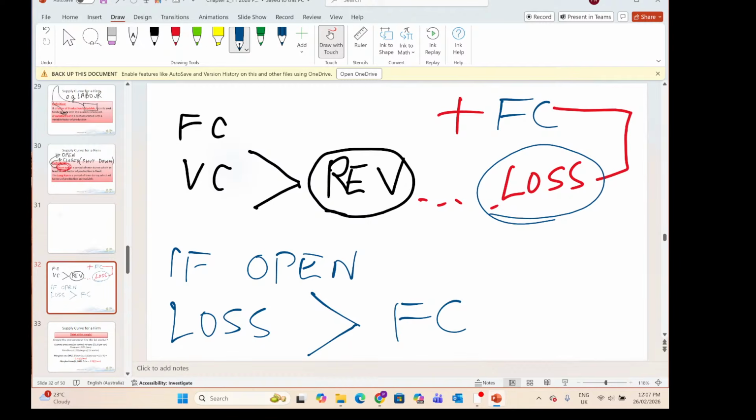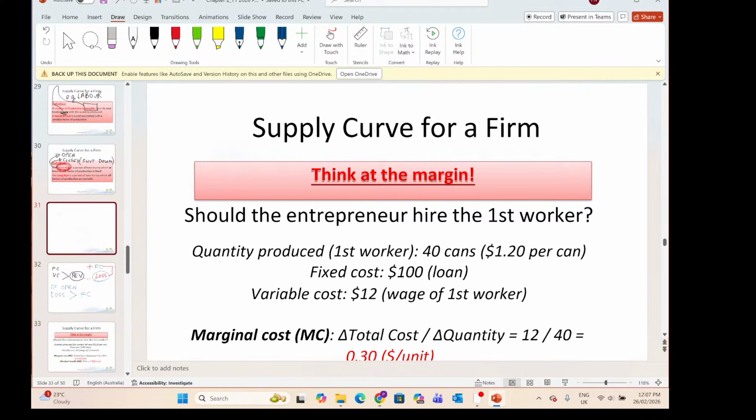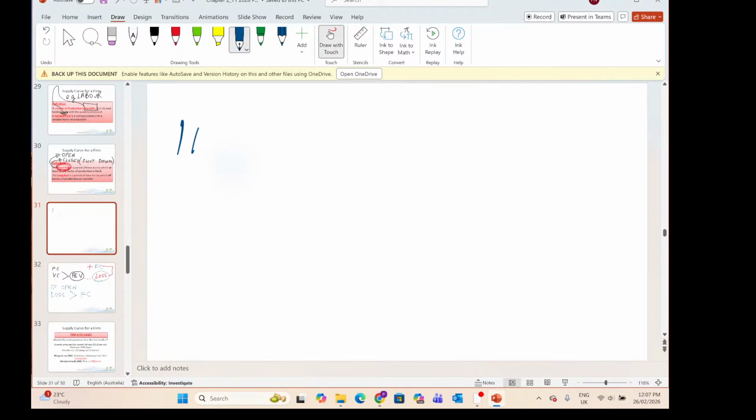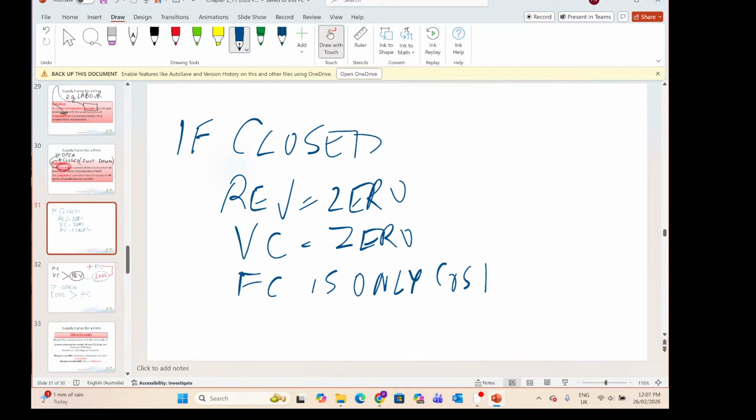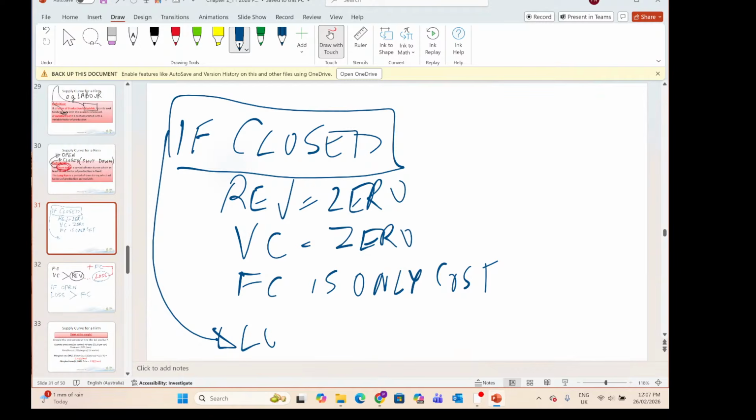On the other hand, if you close down, what happens? Then the revenue equals 0. The variable cost equals 0. And the fixed cost is the only cost. What that means is, if you are closed, then the loss will equal your fixed cost. So the firm has a choice.